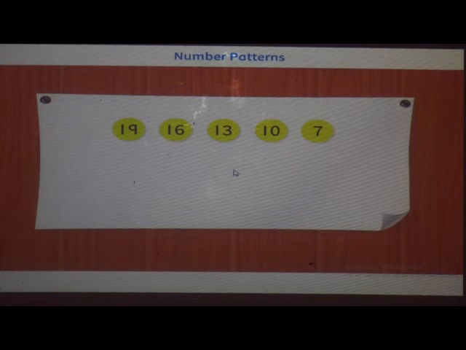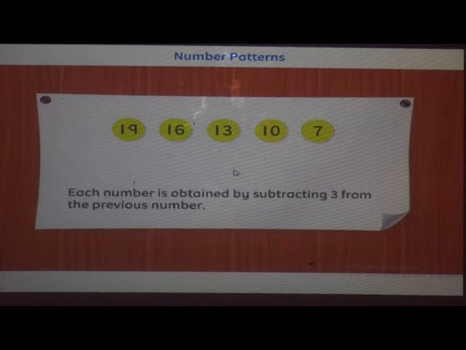Take a look at another number pattern. 19, 16, 13, 10, 7. Here, each number is obtained by subtracting 3 from the previous number.